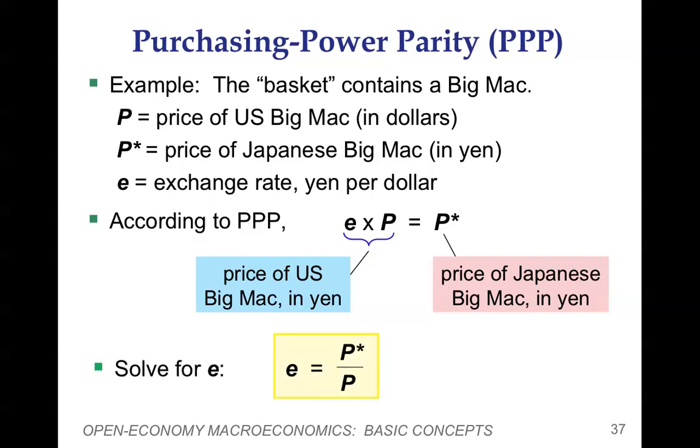Solve for E. E is equal to P star over P. So let's say that the price of the US Big Mac is $1 and the exchange rate is 100 yen to the dollar. That would mean, by the law of one price, that the price of a Japanese Big Mac should also be 100 yen, since the price of a US Big Mac in yen is equal to 100 yen.